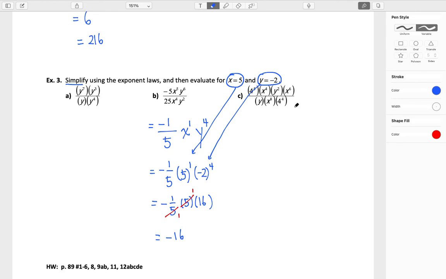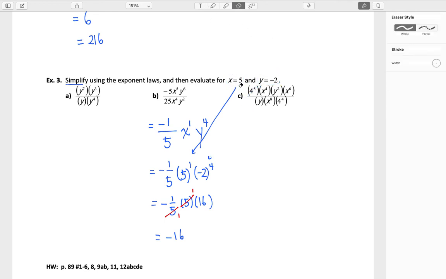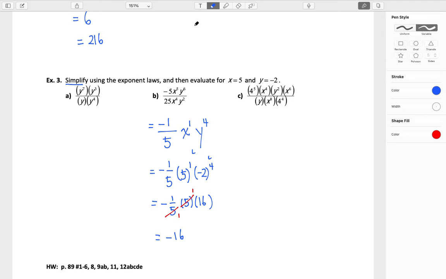Now let's try letter C. So for letter C, same thing. Let's simplify the like terms for the top one first, the numerator. It looks like we have 4 to the 5. And I do have a like term with x. This one and this one. So what we're going to do is add the exponent. So x to the 4 plus 6 is 10.